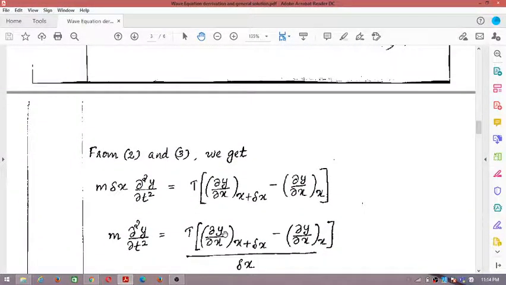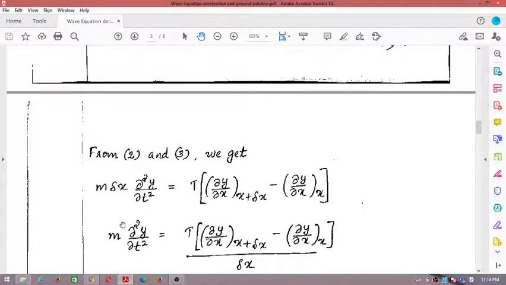From equations 2 and 3, the force is given by m delta x ∂²y/∂t² equal to tension T times [∂y/∂x at x plus delta x minus ∂y/∂x at x].